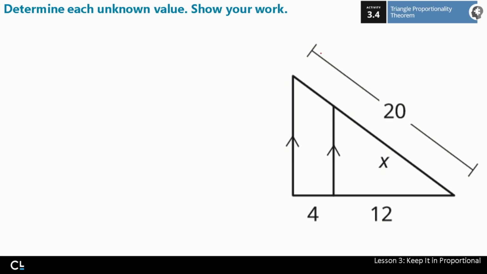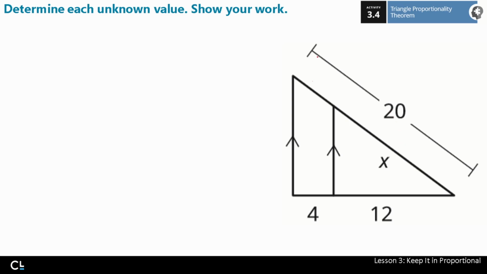So let's go again. Now, this one's a little more complicated, once again, because we're math teachers. We like to make things a little harder for you. We see our parallel lines are now vertical, right? But we don't know this chunk right here. And we're also missing the bigger chunk here, but we have a variable for that.